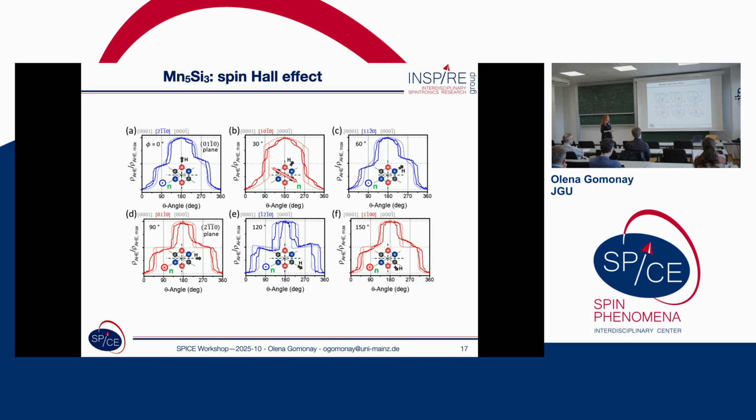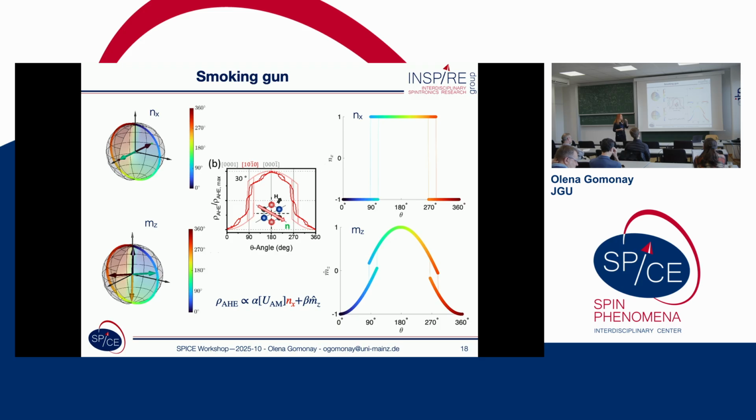And the other smoking gun was this web type of dependence. If you look at these shoulders, they are something different. Spider, yeah, spider. So then we took these 2 angles as a reference point, and then we started simulating the equilibrium orientation of the Néel vector and magnetization separately to find different contributions.